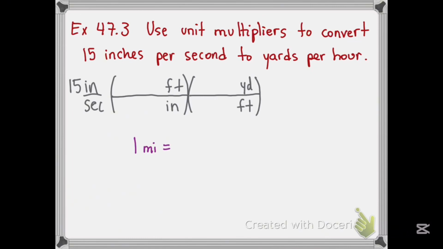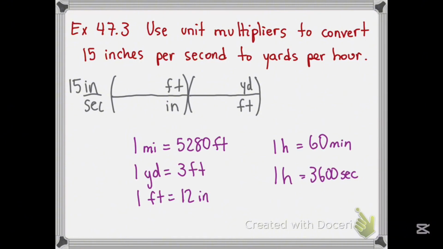If you don't have this memorized, maybe you can write it there in a corner. And again, where we want to go is from inches to yards. There's nothing here that connects the inches and the yards in one thing. So we have to go first from inches to feet and then from feet to yards. So that's what we're doing.